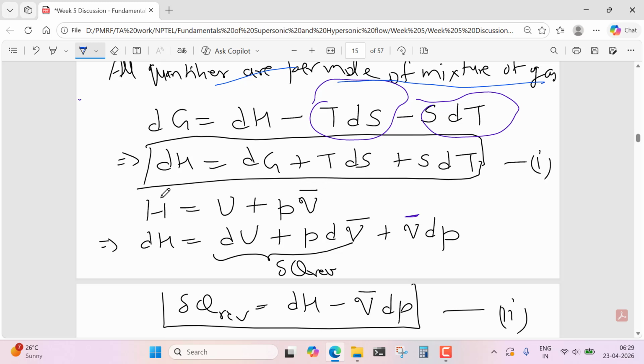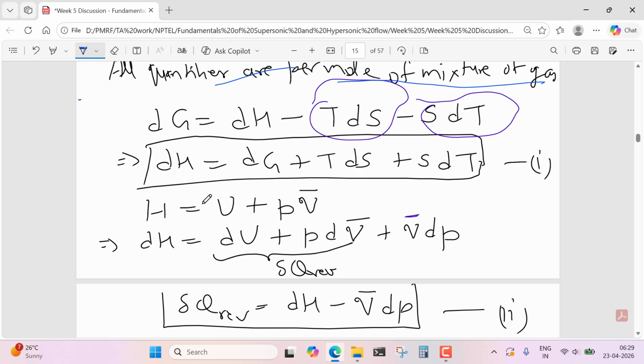Because everything is written in molar parameters. So H, S, T all are per mole of the mixture. This quantity also will be a molar quantity.